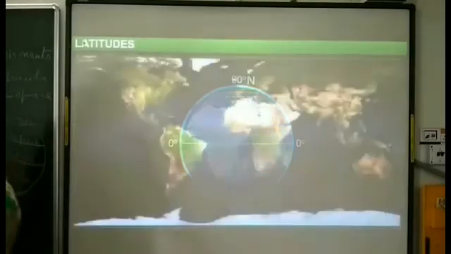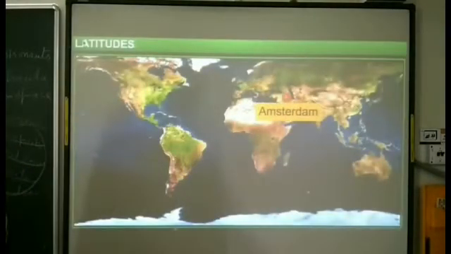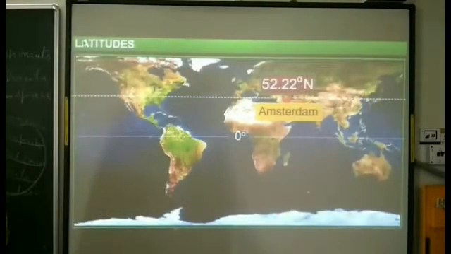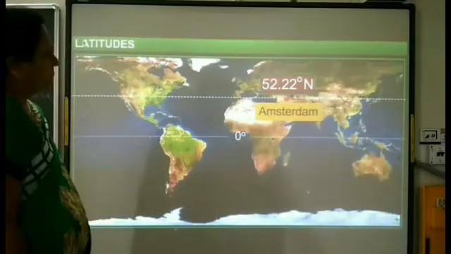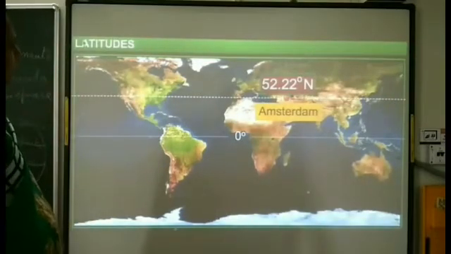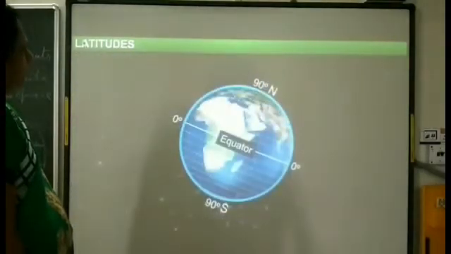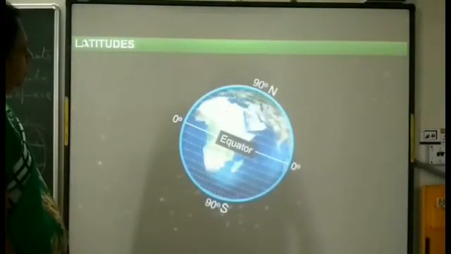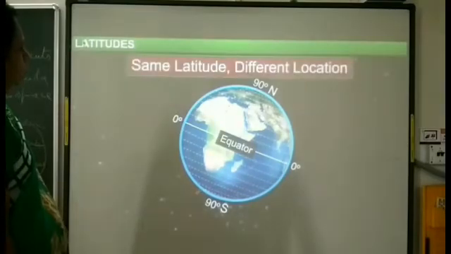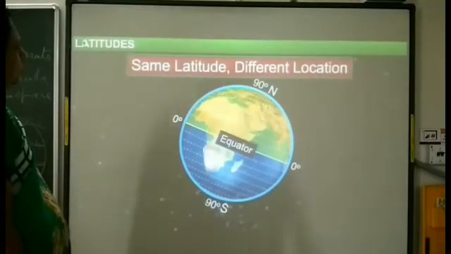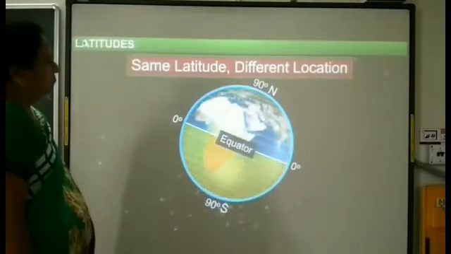For example, Amsterdam is located at 52.22 degrees in latitude, which means it is in the northern hemisphere. Places at different locations may have the same latitude, but may be north or south of the equator.